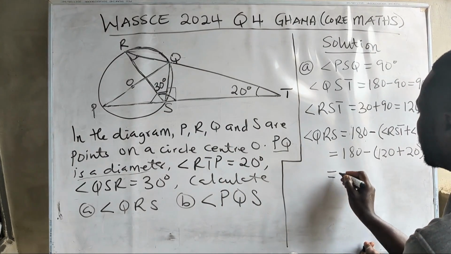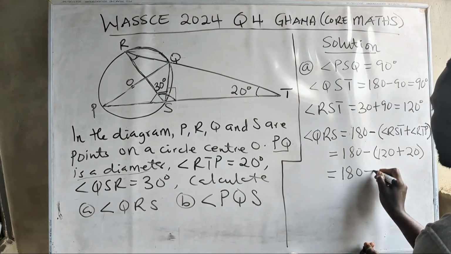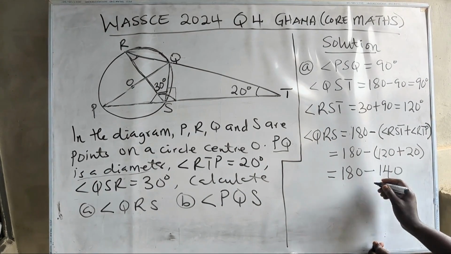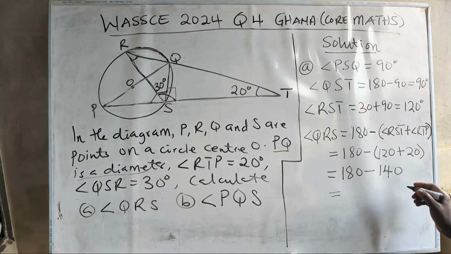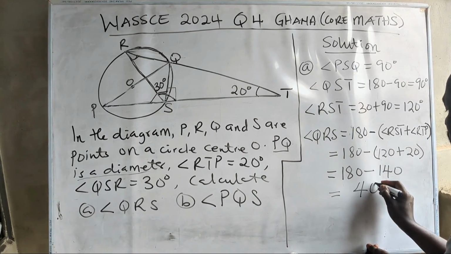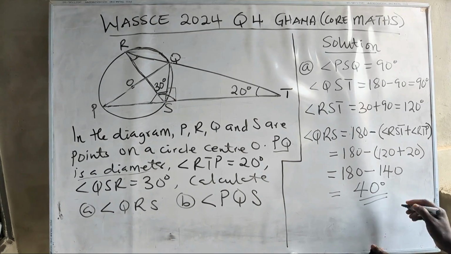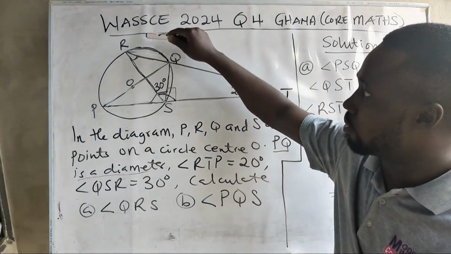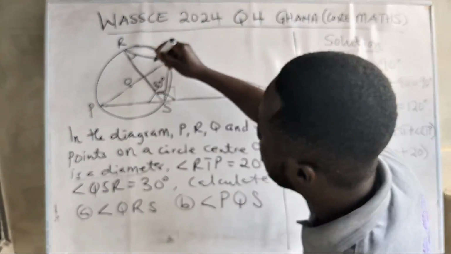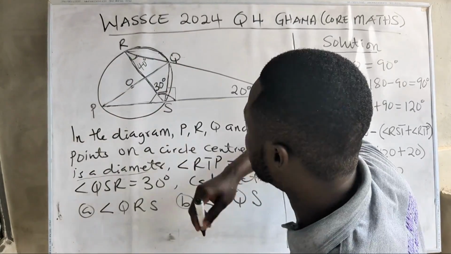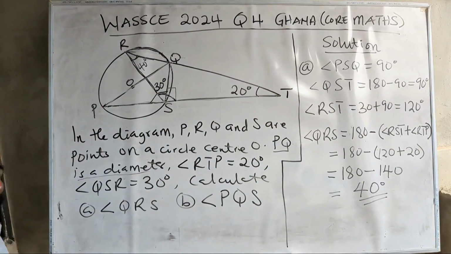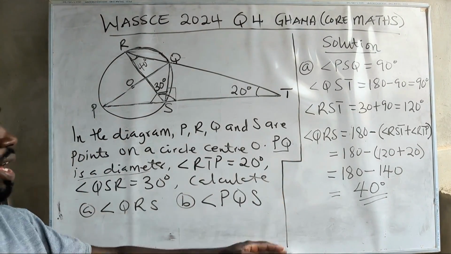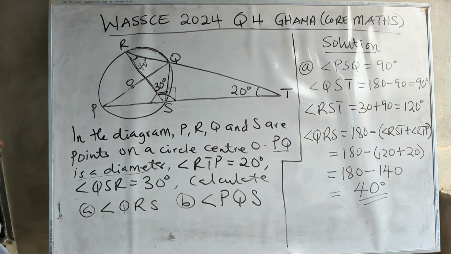So we have 180 minus 120 plus 20, which gives me 140 degrees. And 180 minus 140 will give me 40 degrees. So our angle QRS is going to be 40 degrees. So that is about angle QRS.